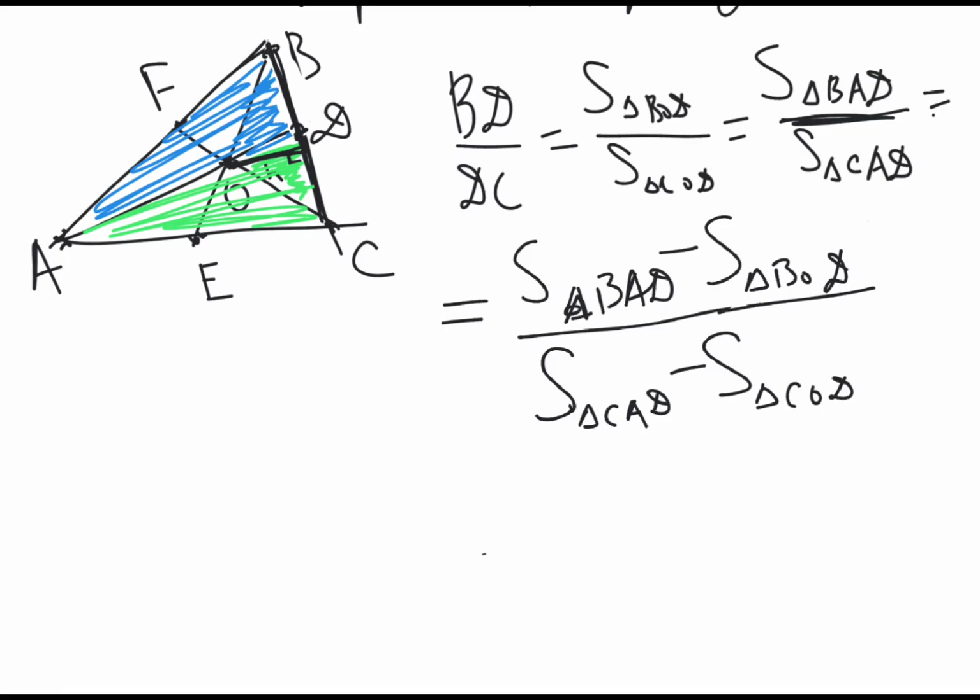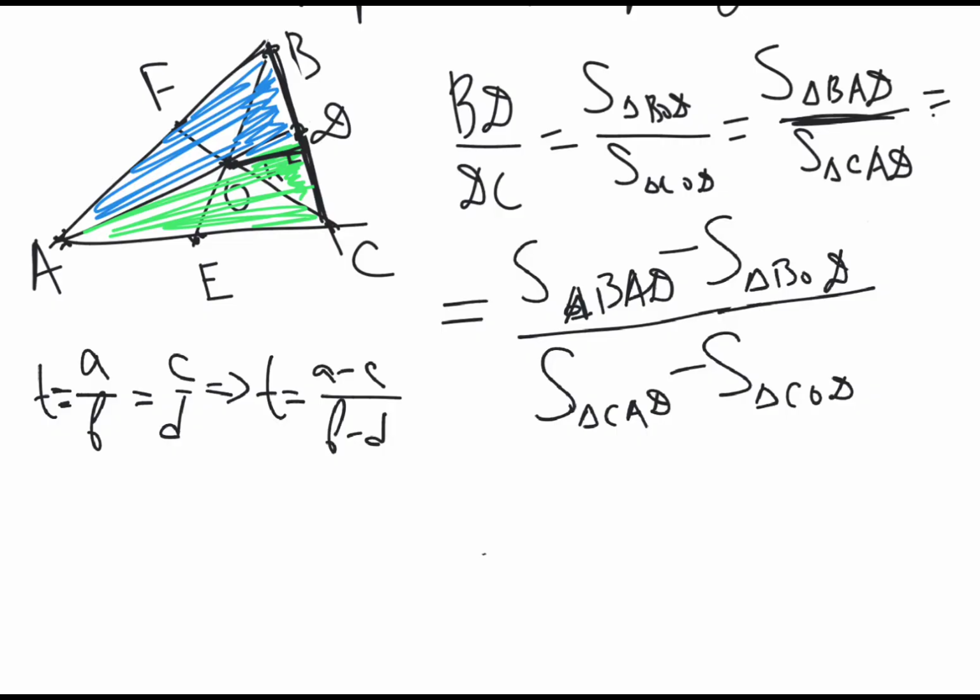And here I use a simple identity that if we have a number t that is equal to a over b and at the same time c over d, then it follows that t is also equal to a minus c over b minus d. So we can subtract the numerators and denominators. That's exactly what I wrote here.